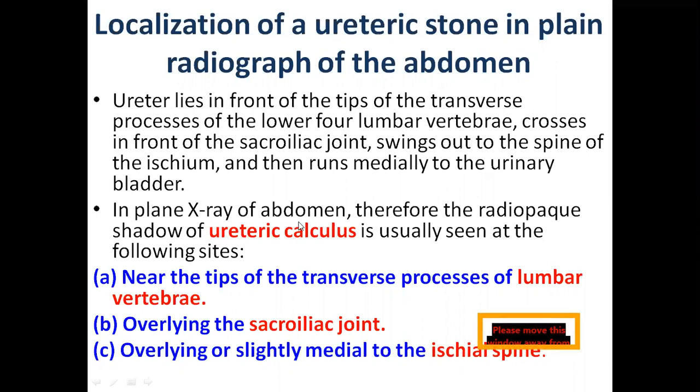In a plain X-ray of the abdomen, therefore, the radio-opaque shadow of a ureteric calculus is usually seen, as I have just shown you, at the following sites: at the tips of the transverse processes of lumbar vertebrae, overlying the sacroiliac joint, or overlying or slightly medial to the ischial spine.